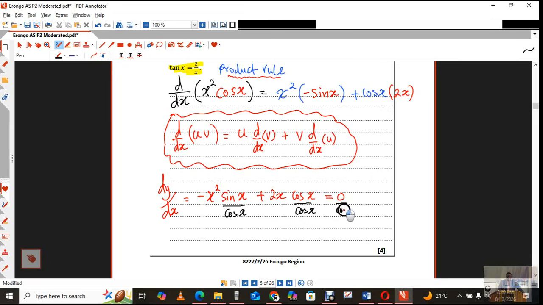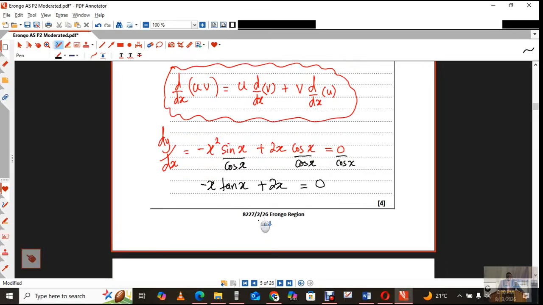Of course, if I divide 0 by cosine x, it's obviously going to give me 0. So I'm going to have minus x times the tangent of x, and then plus 2x times 1, and that is equal to 0. You can see I'm very close to what I need to prove.